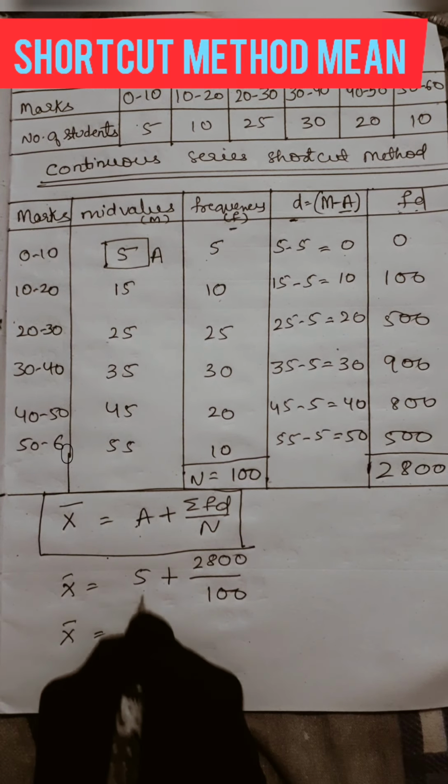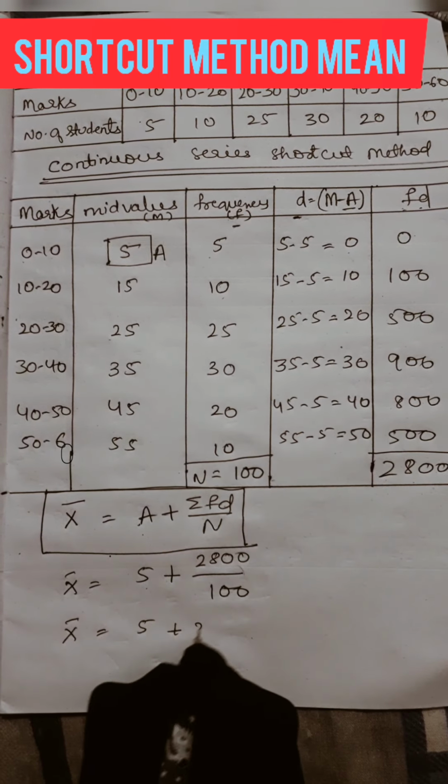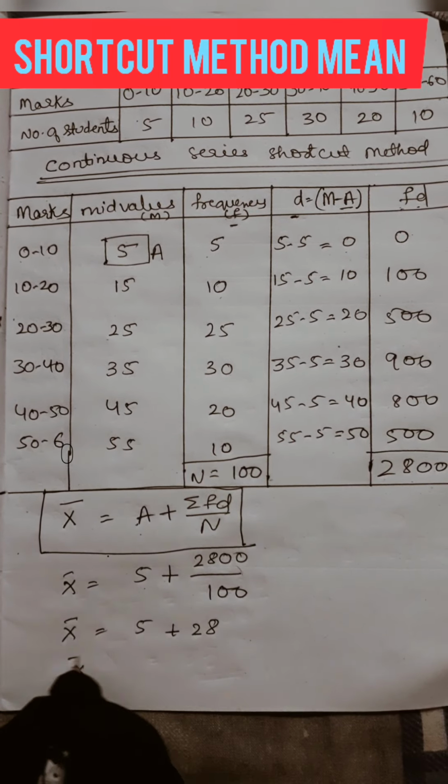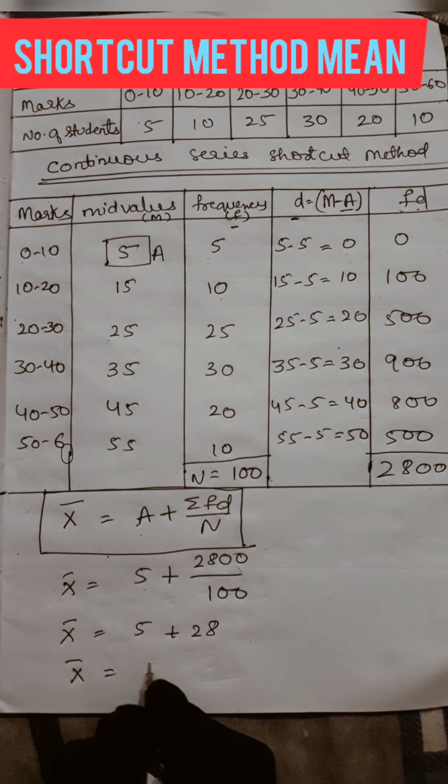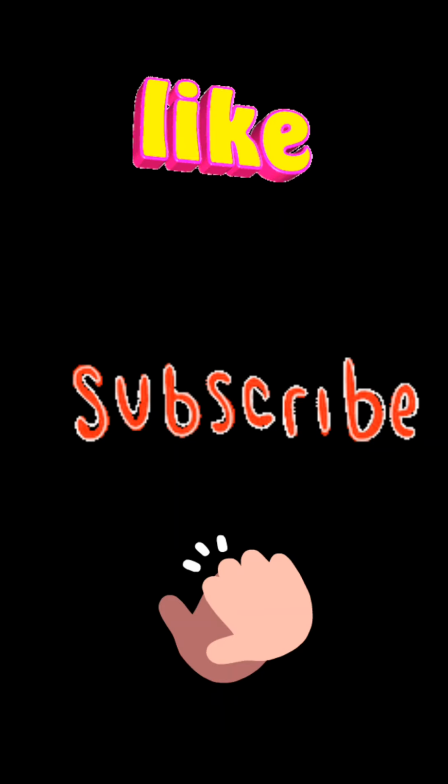Mean is equals to 5 plus 2800 divided by 100 will get 28. Mean is equals to 5 plus 28. The answer is 33. Answer of both direct and shortcut method are same.